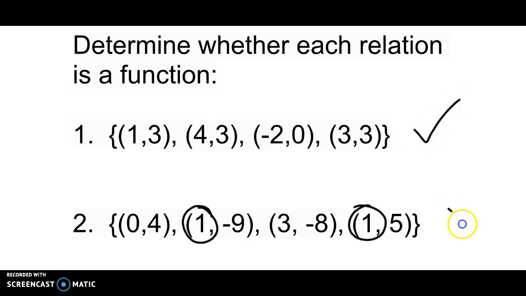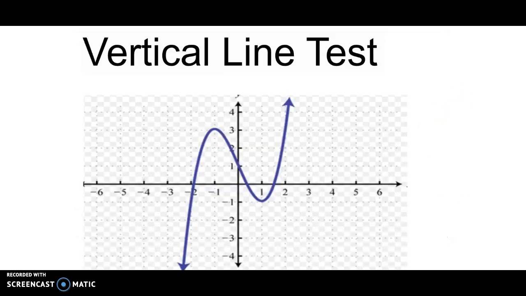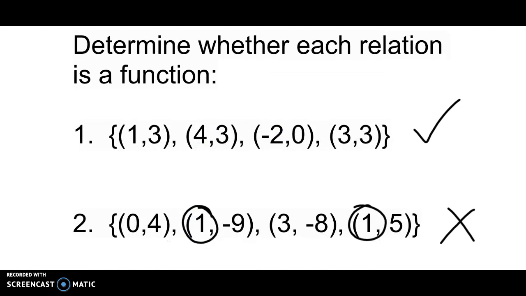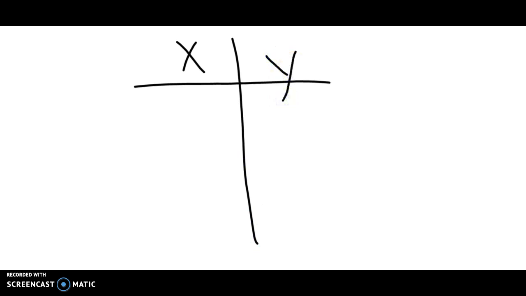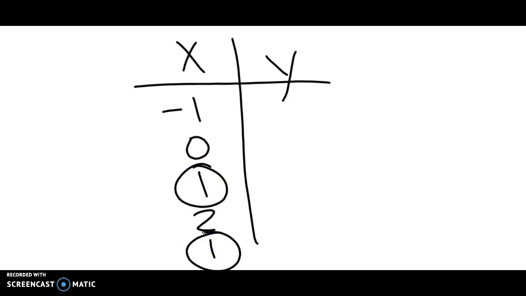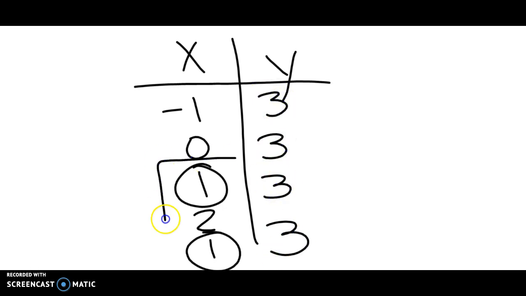If it's in a table, let me make a table here for you. If you have something like this, and somewhere down the line you've got another of the same thing in the x column, this is not a function because of these. You can have the same y number all day long, but not the same x.